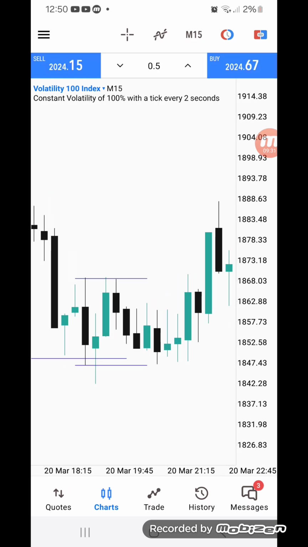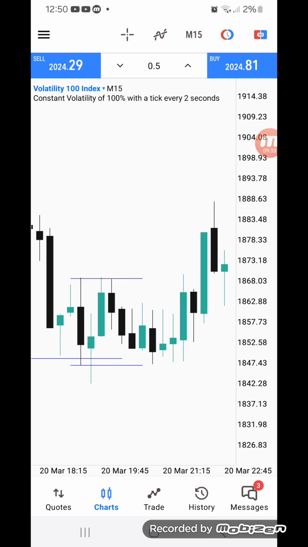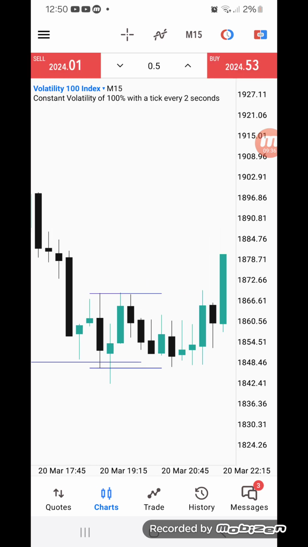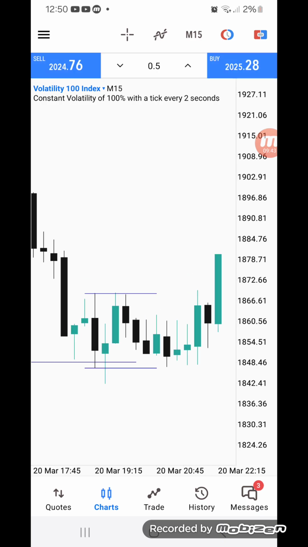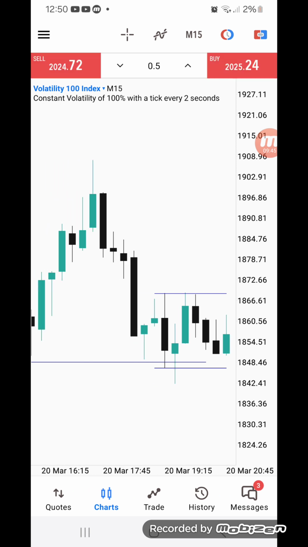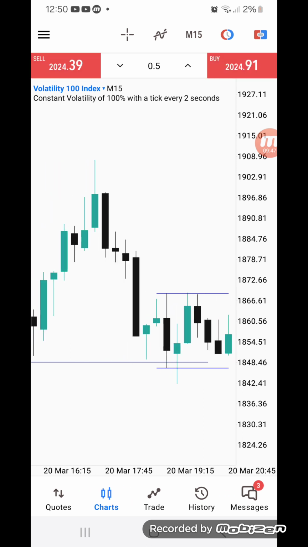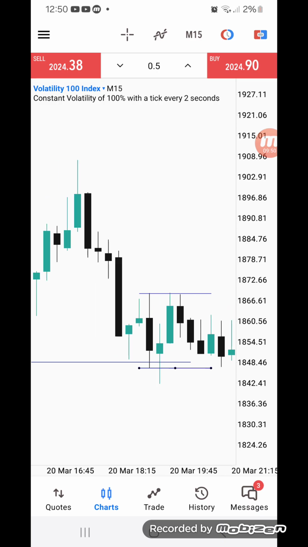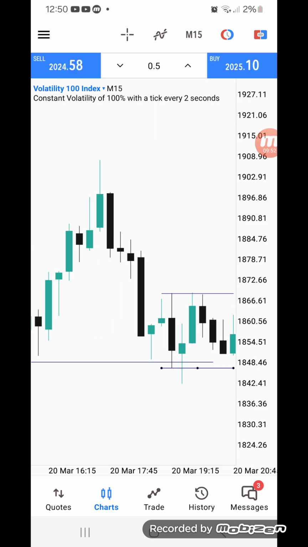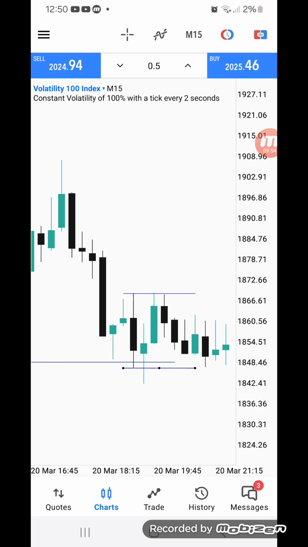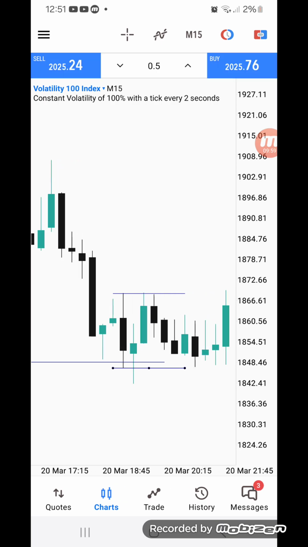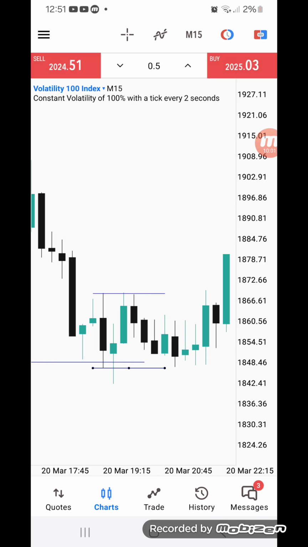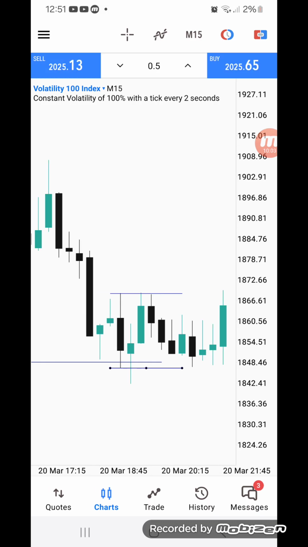We normally say every candle is a range, and that's where we get the CRT strategy. Now the next green candle was able to go below the lower side of the black candle, and at the same time it swept the liquidity below the support area that I've indicated with a trend line.